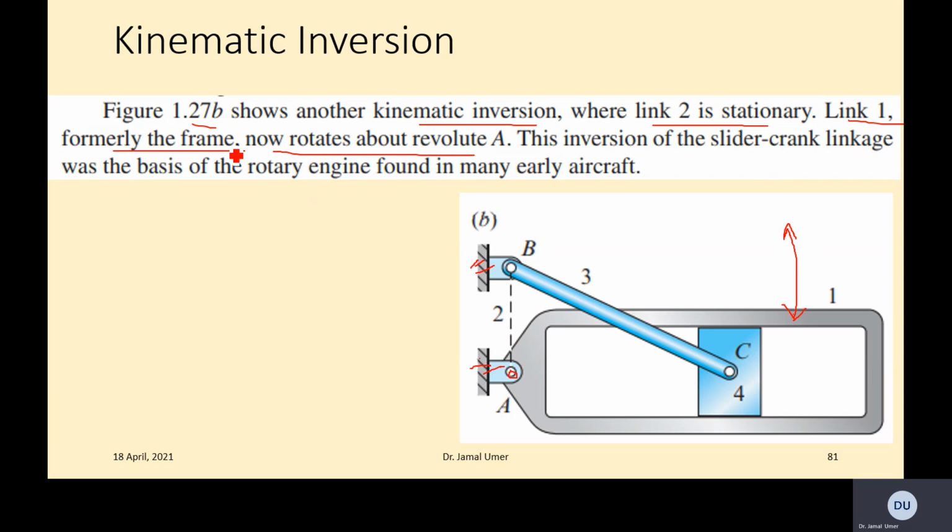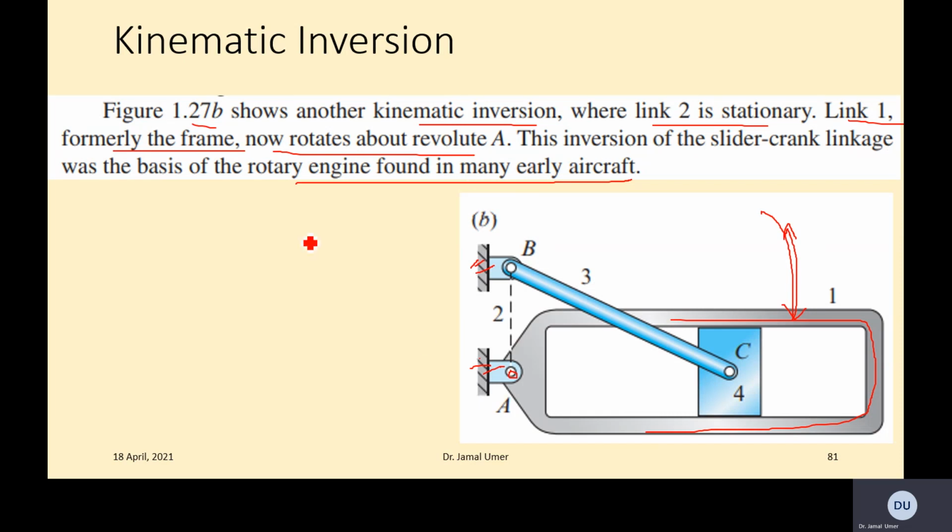This inversion of the slider crank linkage was the basis of the rotary engine found in many early aircraft. I'm quite sure in the thermodynamics module in your early years you would have studied the rotary engine. So this is one of the examples. This whole cylinder can move up and down, and such a combination will be called another kinematic inversion.